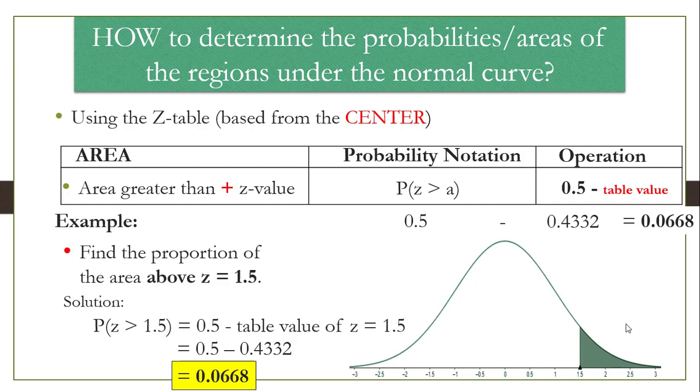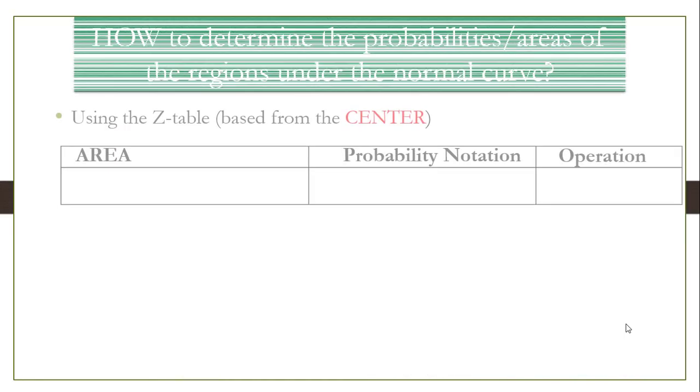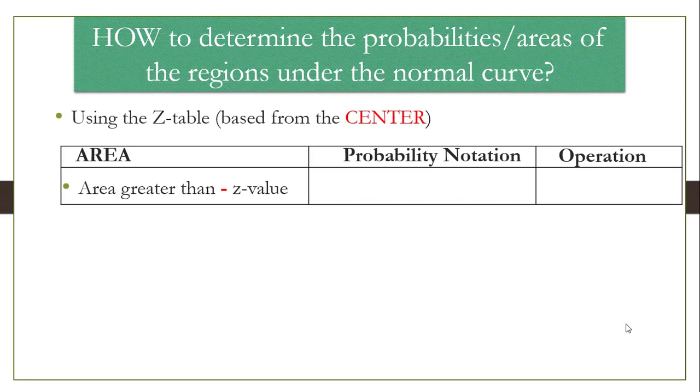Okay? Now, suppose we will have the area greater than a negative z value. So, the notation for that would be probability greater than negative a. The operation we will follow is 0.5 plus table value. Okay?